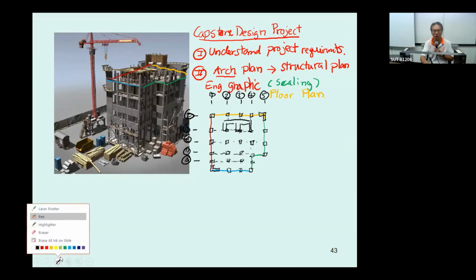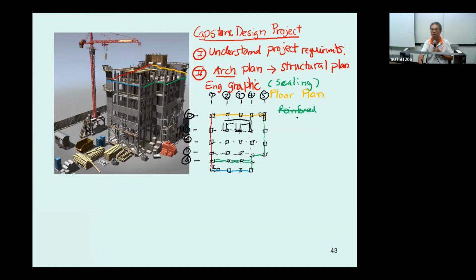Between the column, you got to have the beam. For example, for this one, okay, if you select to use the reinforced concrete floor, okay, you're supposed to have the beam connecting between the columns, and by doing this you connect all the columns by the beam, and your structure starts to follow the grid line that you just put in.